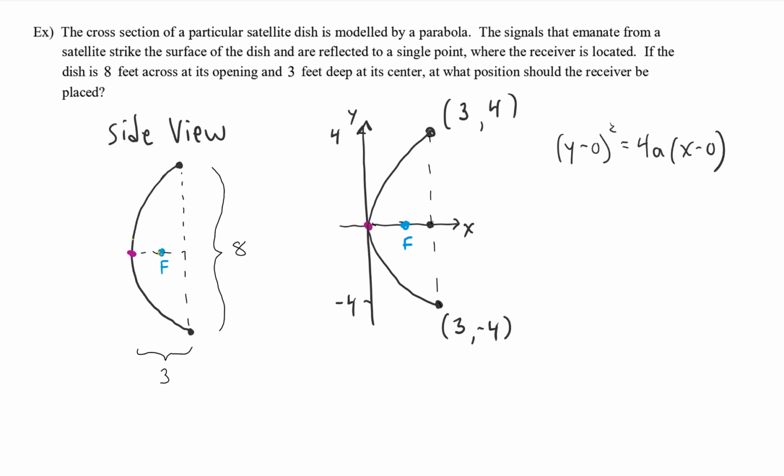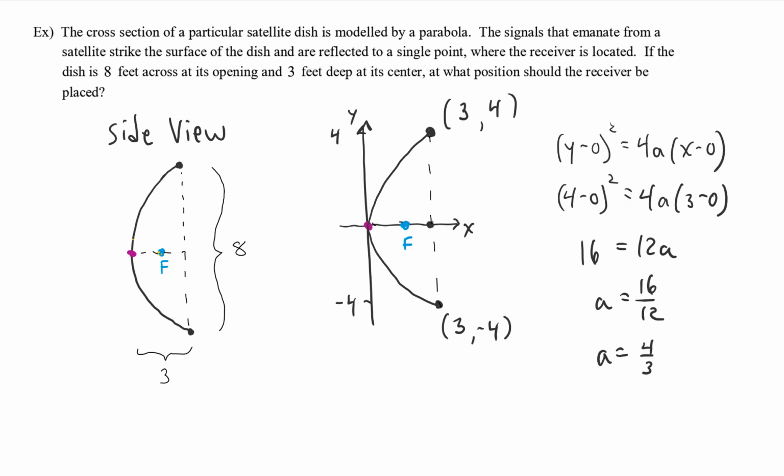Now I know that (3, 4) is a point on the parabola, so I'm going to plug that in. So 4 squared equals 4a times 3, which gives 16 equals 12a, so a is 16/12. I can take a 4 out of both of those, so a is 1.3 repeating, or 4/3.